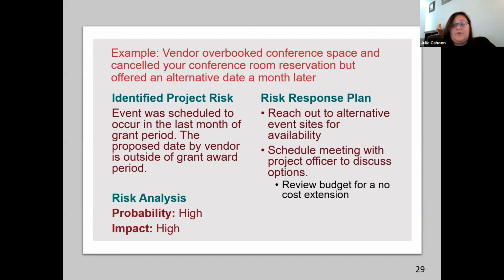So you'll want to look at your budget and see if you would have the staffing capacity to extend your project life for another 2 months to include the proposed new dates from the vendor, and then bring those discussion details to the meeting with your project officer. And so the no-cost extension might be an option for this case.